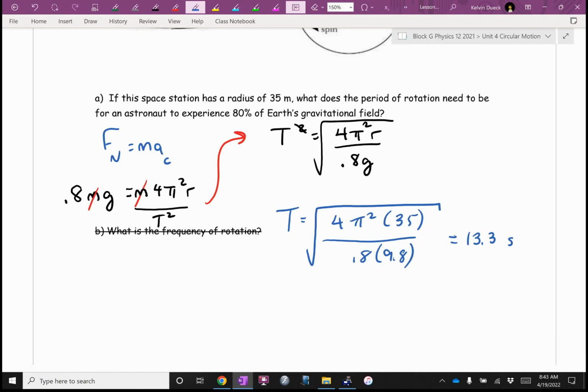What if the period got larger? What would happen to gravity? What if it took longer to go around? Well, if this is fake gravity, as the period gets bigger, what happens to this answer? In other words, if we didn't have a 0.8 g there, really what we're saying is this.